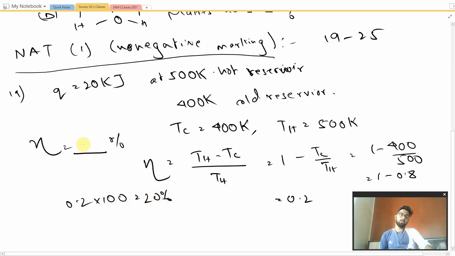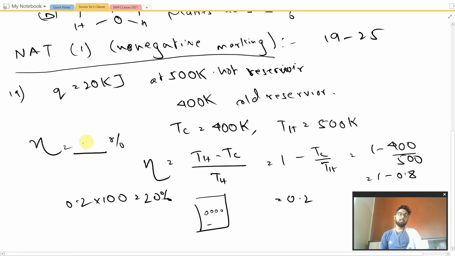I expect you might know how to write the answer in the NAT question, but let me explain it once again. For filling in the blanks, you will be given a box with all the numbers, and the minus, plus, and decimal keys which are required to write the answer. You just click on the correct numbers and the box will be filled up instantly.